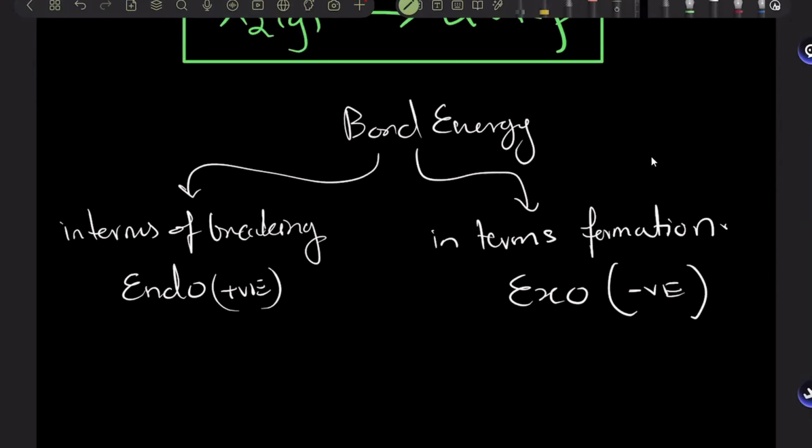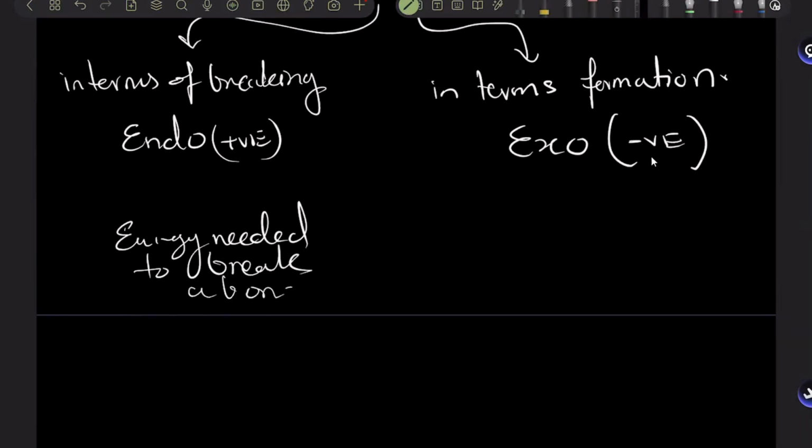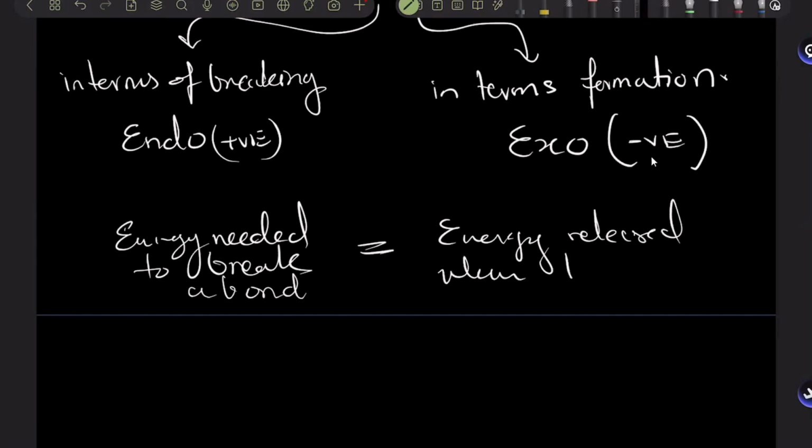But do remember, whatever energy is needed to break a bond, that's the same energy that is released when that same bond is formed again. So the energy needed to break a bond is equal to the energy released when the bond forms.